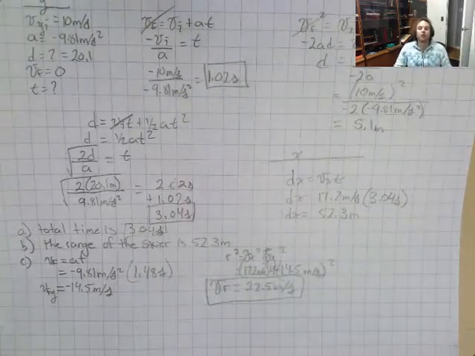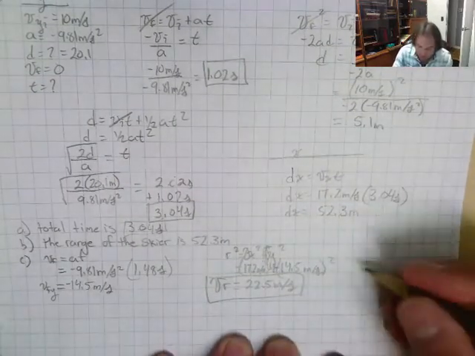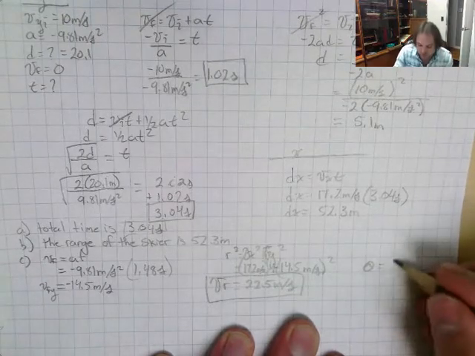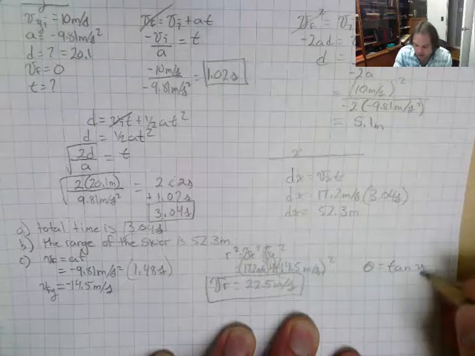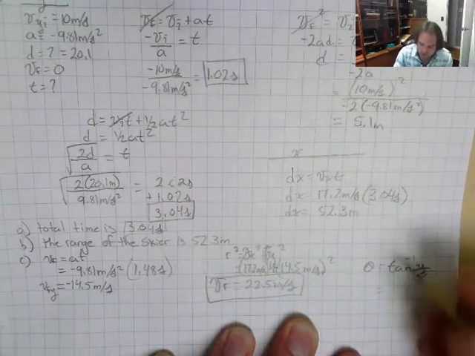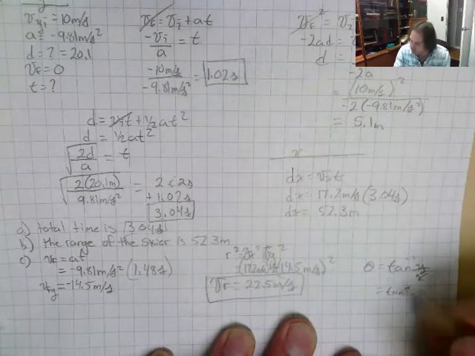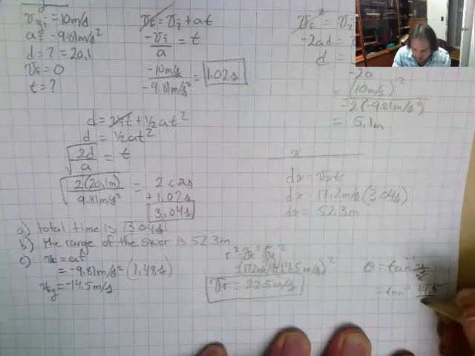But we also need to know the angle. To find the angle, I'm just going to have to use trigonometry. So theta, in this case, we're going to use tan. Remember SOH CAH TOA, so tan is y over x. In this case, we're going to use the inverse of tan of 14.5 divided by 17.2.